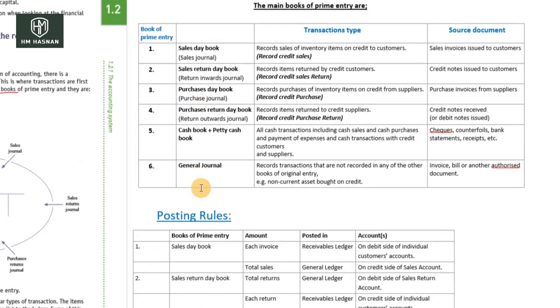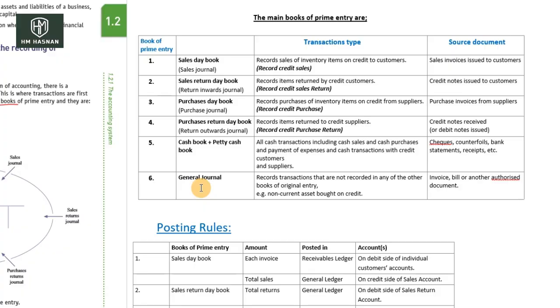Number 1 is sale journal, also called sale day book. Books of primary entry are also called day books. So number 1 is sale day book, also called sale journal.